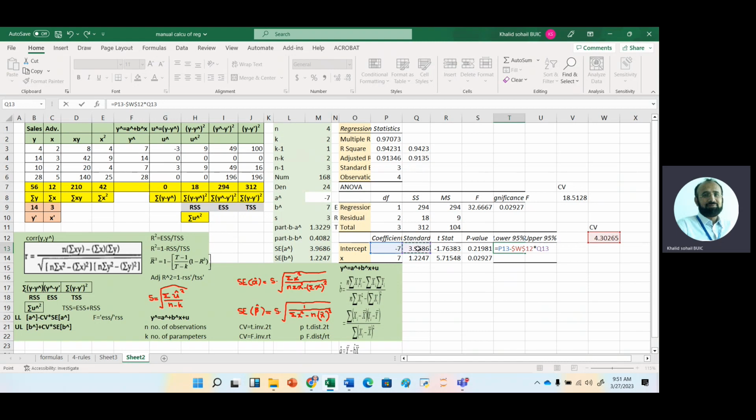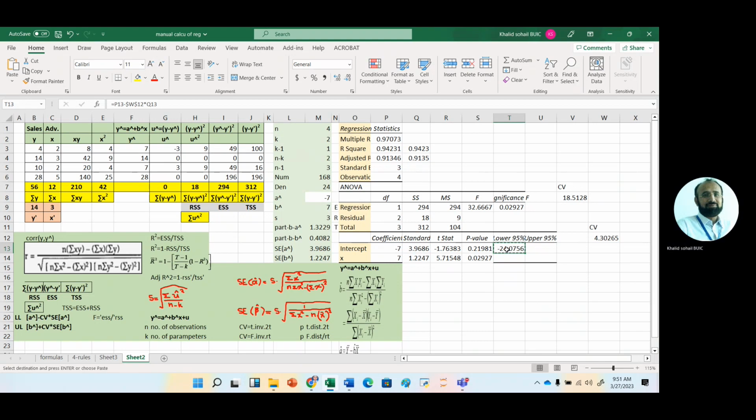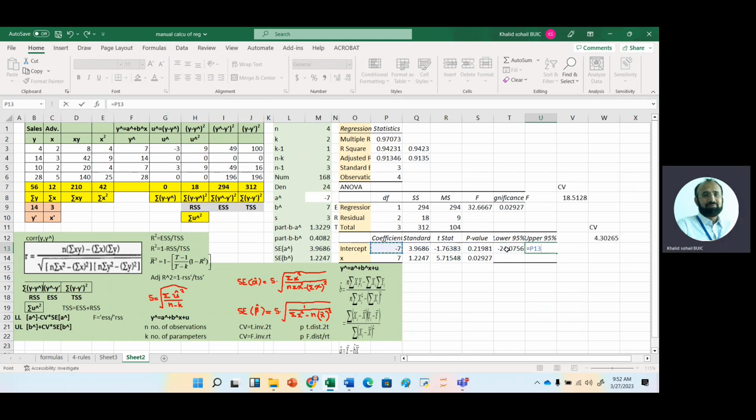So it is the lower limit, and just copy it to the next and just change here again the intercept, and then plus this critical value multiplied by again this standard error.